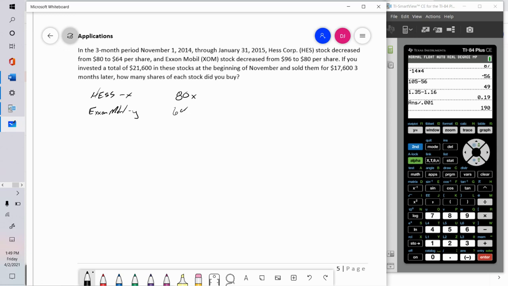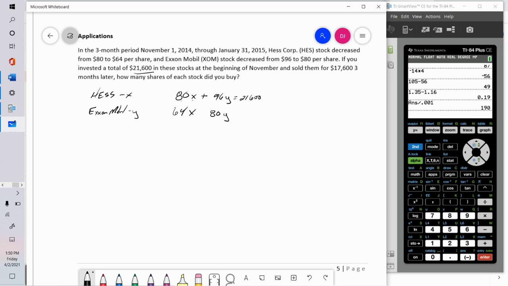When I sold it, was $64 per share. ExxonMobil, when I bought it, was $96 a share, and when I sold it, it was $80 a share. Okay. Now I invested $21,600. That means that the $80 times the number of Hess shares plus $96 for each of the ExxonMobil shares equaled a total of $21,600.